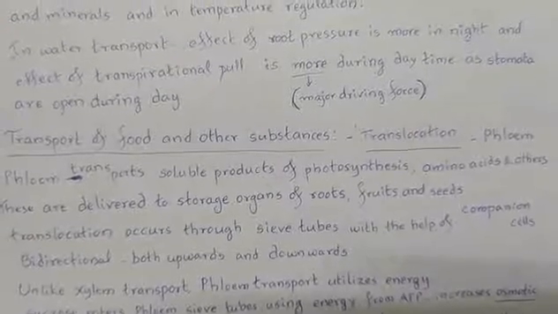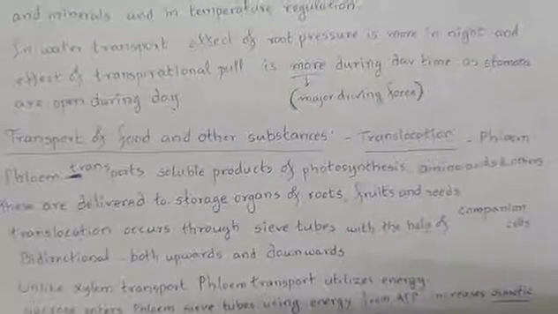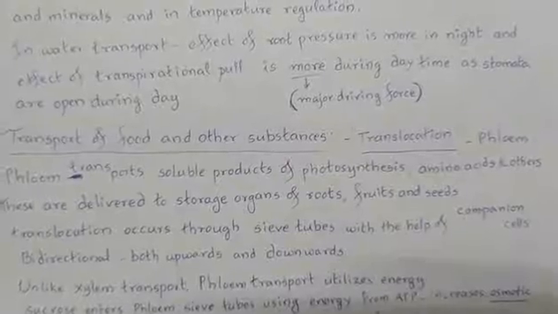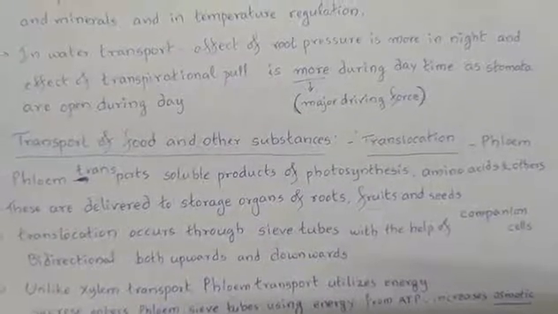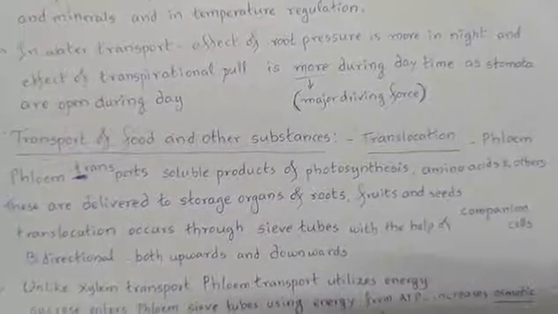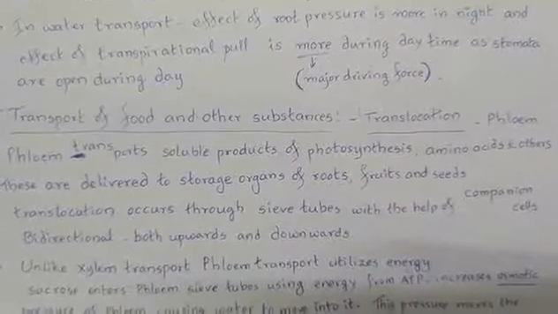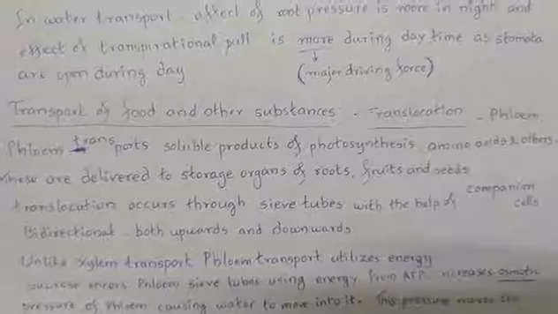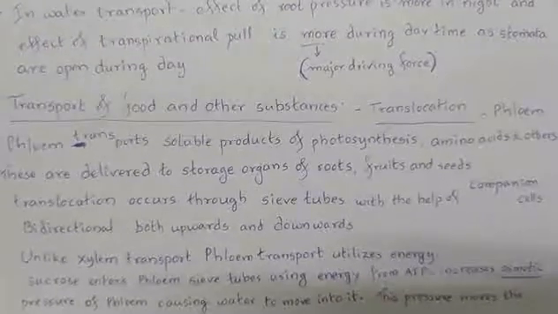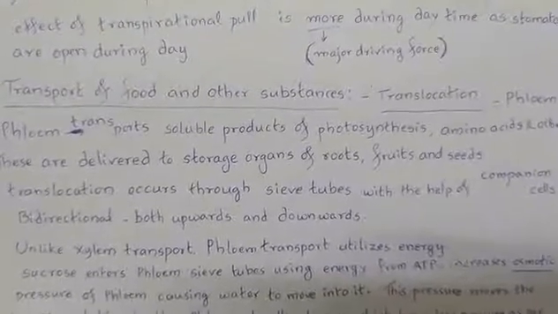This is how, using two physical forces in a unidirectional manner through xylem, water is transported only upward, from roots to the leaves, or from soil contacting organs to chlorophyll containing organs.